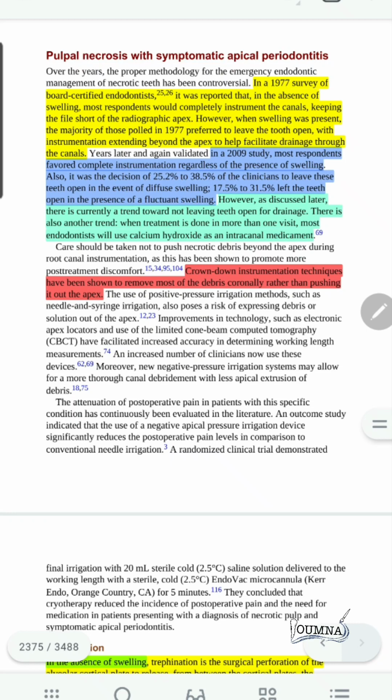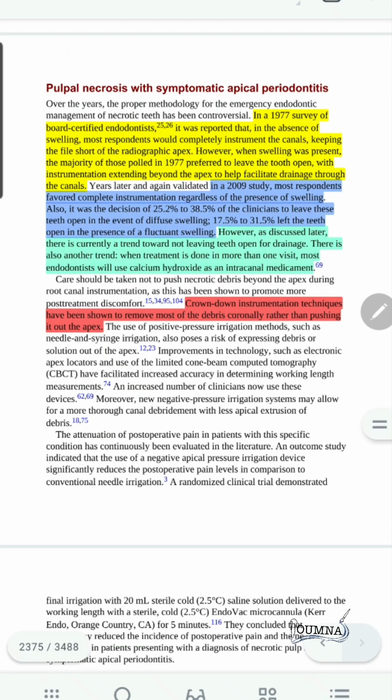As for the pulpal necrosis with symptomatic apical periodontitis, whether we have swelling or not, the first thing we must do is achieve drainage from inside the tooth by opening the access, and it is not recommended to leave the pulp open and exposed to the saliva and the mouth environment.